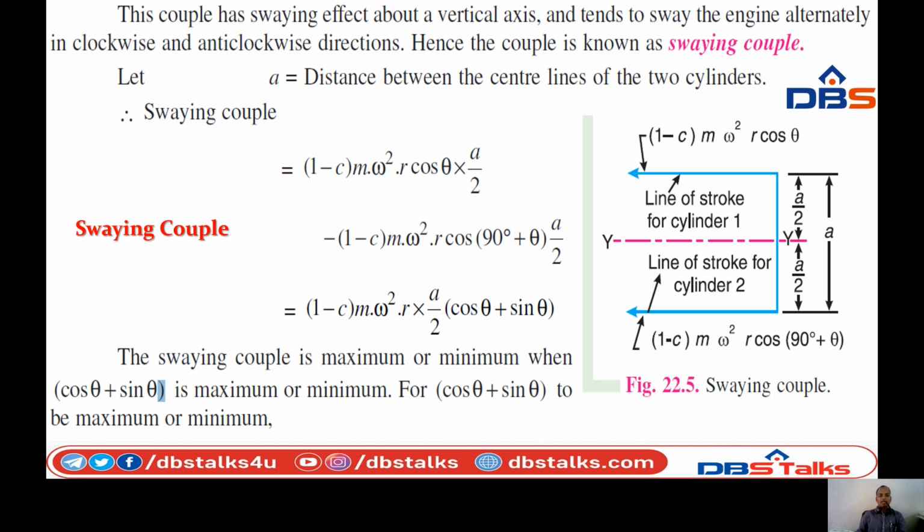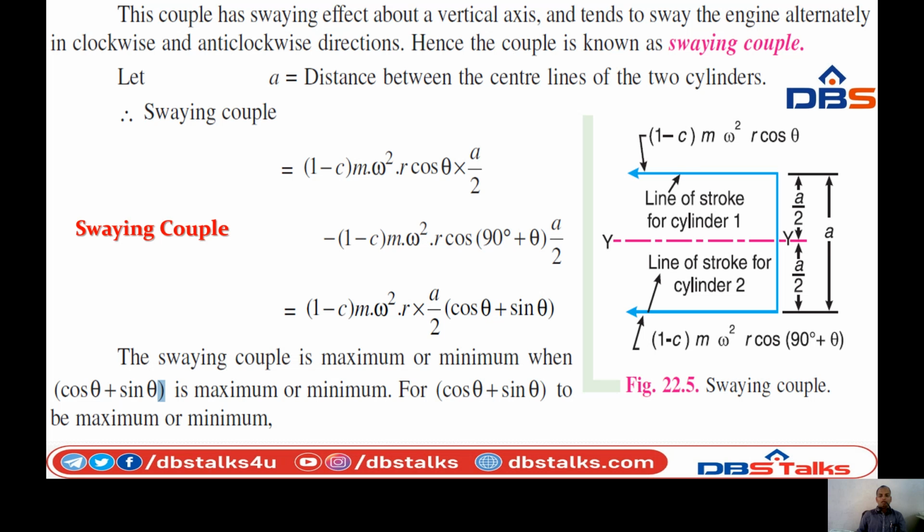Another unbalanced force along the line of stroke is the swaying couple. The unbalanced forces along the line of stroke for the two cylinders constitute a couple about the central line YY.